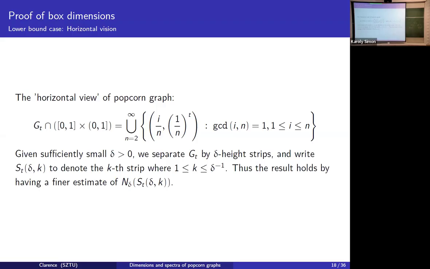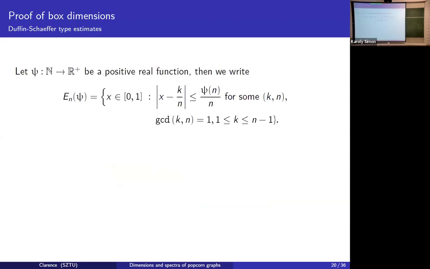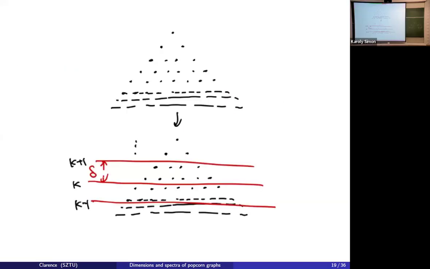The idea for getting a better lower bound is that if we cut the popcorn graph into strips, and we have the lower bound for each strip, we will definitely have the lower bound for the dimensions of the popcorn graph.